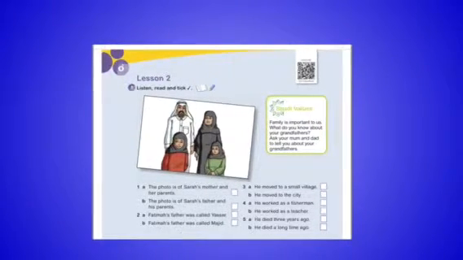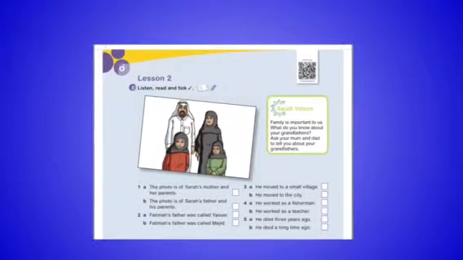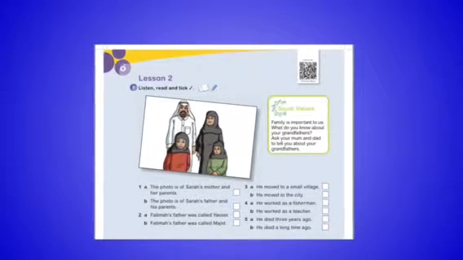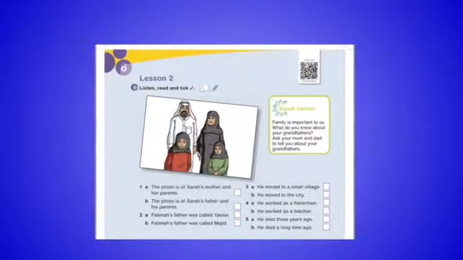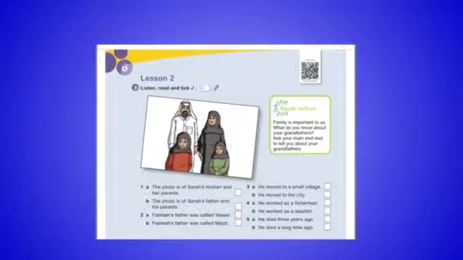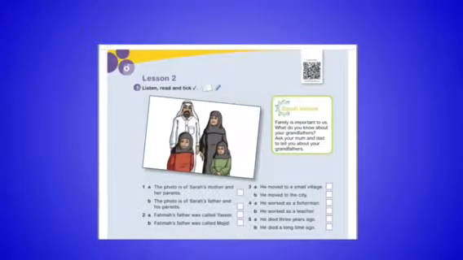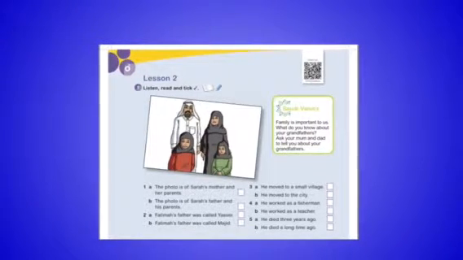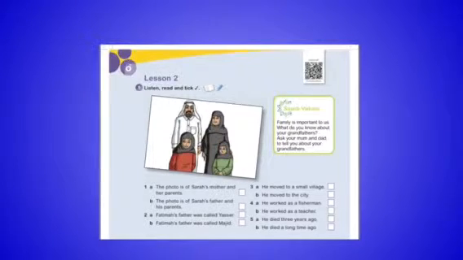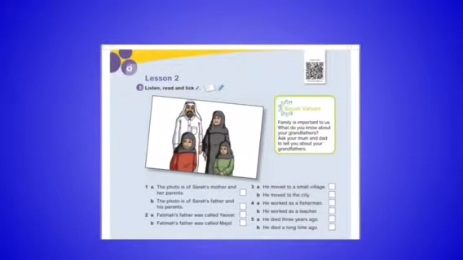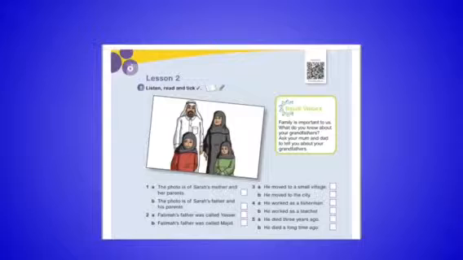Yes. My grandfather lived a long time ago in a small village. What did he do? He worked as a fisherman, but then he moved to the city. Is he alive now? No, he died 3 years ago. My mother was very unhappy and she cried a lot.